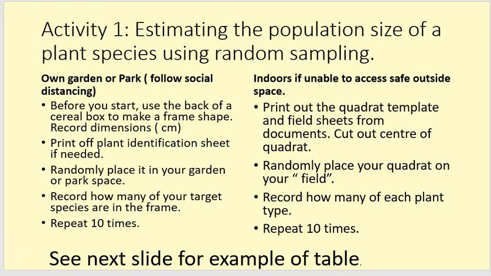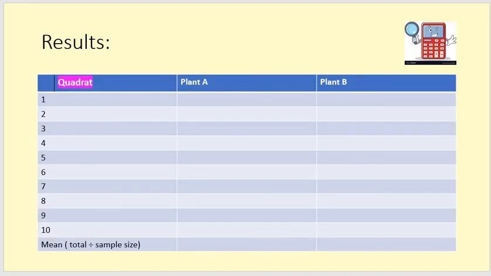Okay, so let's have a look at the table now. Quite self-explanatory. It says results. You've got space for 10 samples. You've got space down the bottom for mean. You've got plant A, plant B, so you can just look at 2 different plants. You might decide to do daisies and dandelions. I wouldn't suggest you do grass because it will take you a long time to count grass.